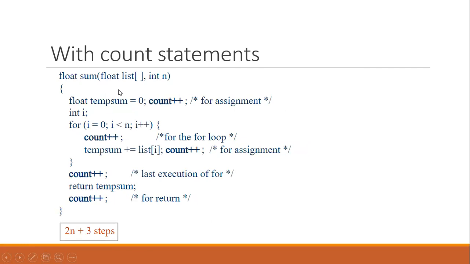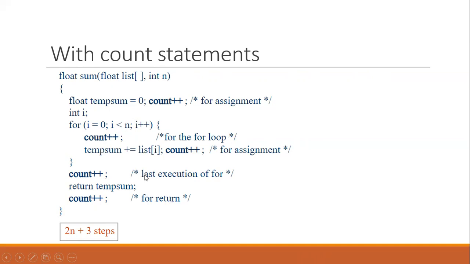If we want to obtain the step count for a function sum, over here we have to declare a variable count. This count is declared globally with a value initialized to 0, and it is incremented at every program step.